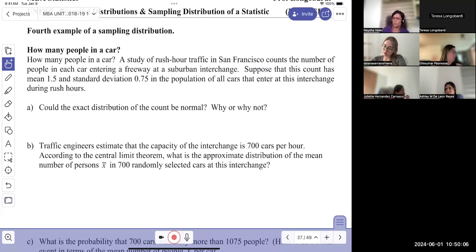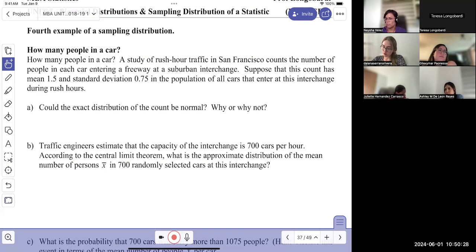Okay, how many people in a car? A study of rush hour traffic in San Francisco counts the number of people in each car entering a freeway at a suburban interchange. Suppose that this count has a mean of 1.5 and a standard deviation of 0.75.